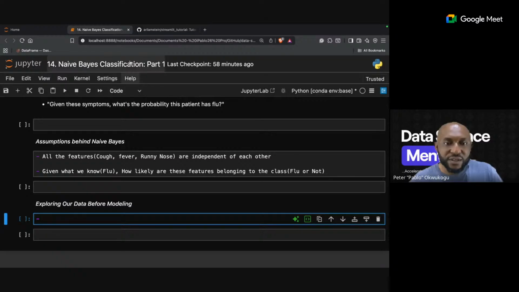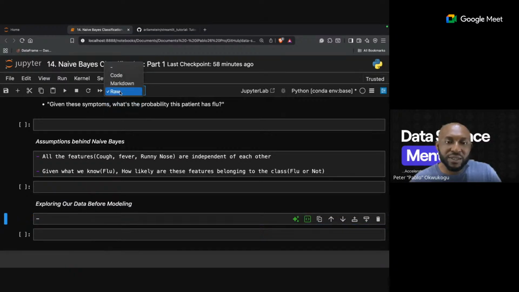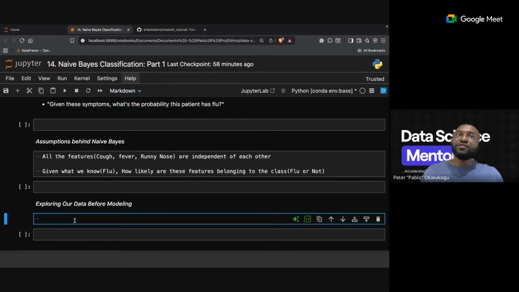First things first, if we're going to explore our data before modeling, we will check for the following. We would check for class distribution, right? In this situation, we're interested in, look, are the classes we are trying to predict balanced?